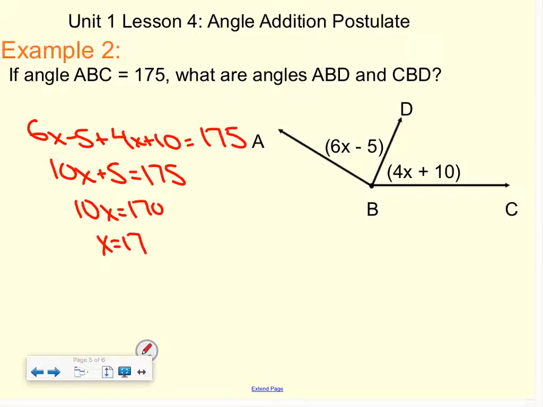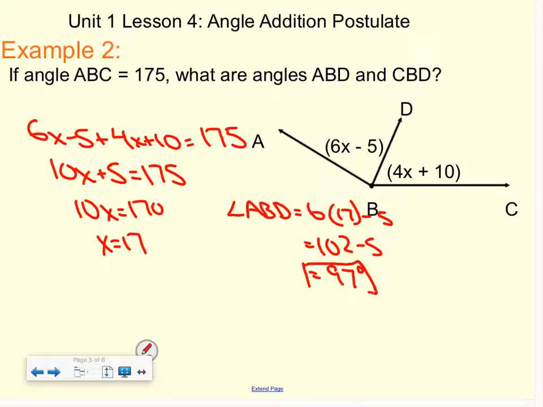At this point, I'm going to plug 17 back in to find these angles. So angle ABD is equal to 6 times x, which is 17, minus 5. So 6 times 17 is 102 degrees, minus 5 would leave us with 97 degrees.